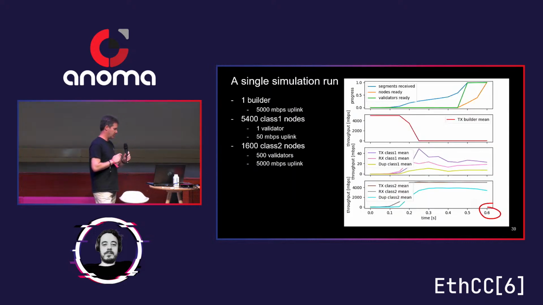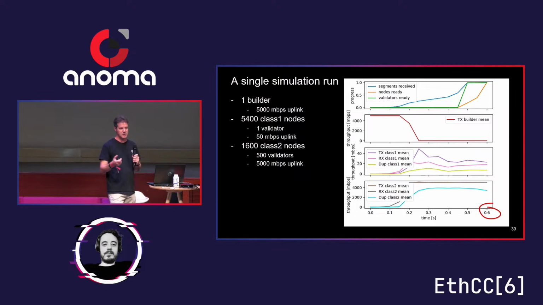So when you do a single simulation run, this is what you see. This is an example. There's one builder, and let's suppose it has a 5,000 megabits per second link. It's kind of reasonable to assume with the builders that exist today. And let's say we have 7,000 nodes, of which 5,400 are, I was calling them class 1. This is basically home stakers.